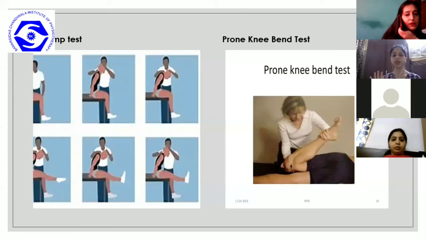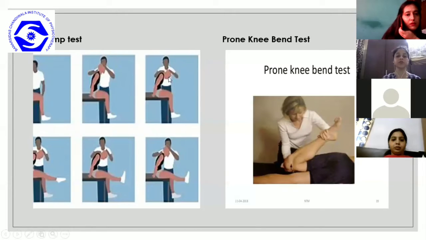This is the optimal position, so the therapist can assist in bending the cervical spine. The patient will be asked to raise the foot and then dorsiflex the foot. This is how the slump test is done.